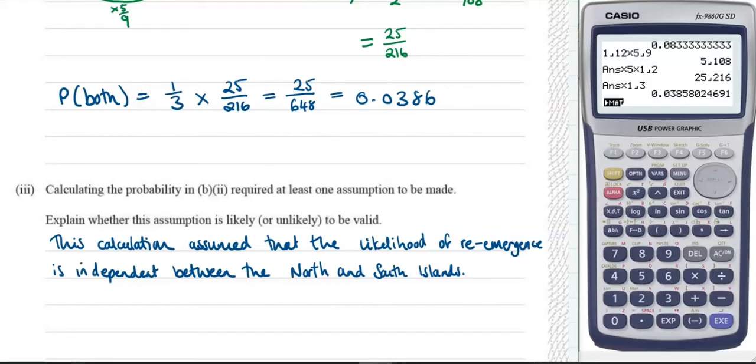Now, comparing between the North and South Island, you could argue this both ways. You could say that they have different climates, but I would actually go with saying that they are fairly similar climates. So if we had a particularly good summer, then it would probably affect both islands, and therefore the independence assumption doesn't hold.